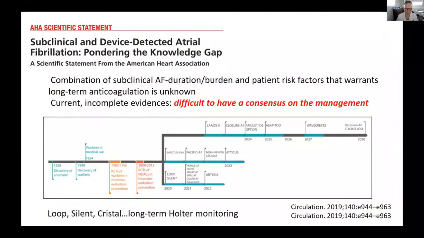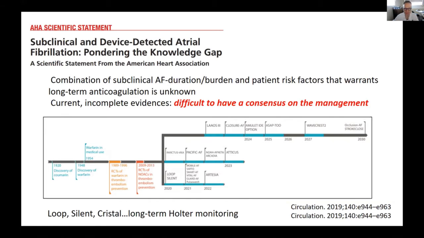But the major problem is that you have to make sure whether the patient that you see for a stroke or for palpitations has a risk of atrial arrhythmia. Most of the time, you don't see the arrhythmia when the patient is hospitalized or in the emergency room.